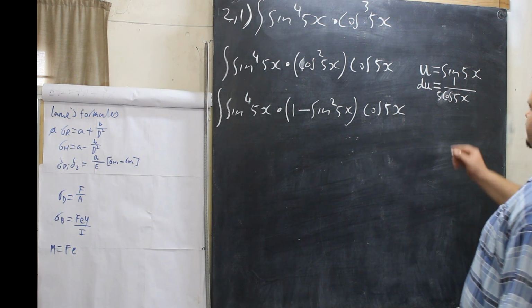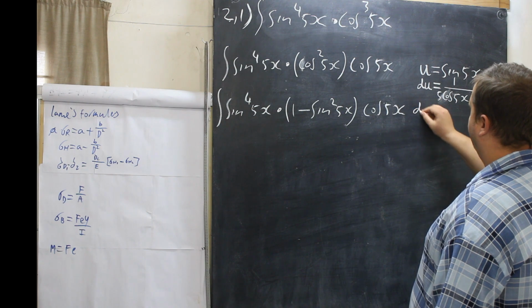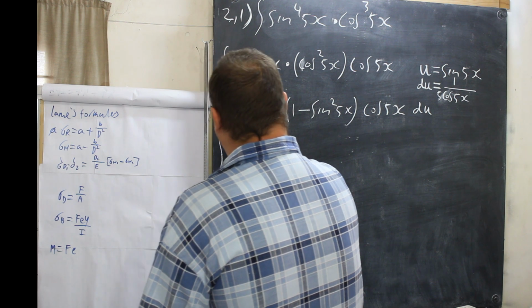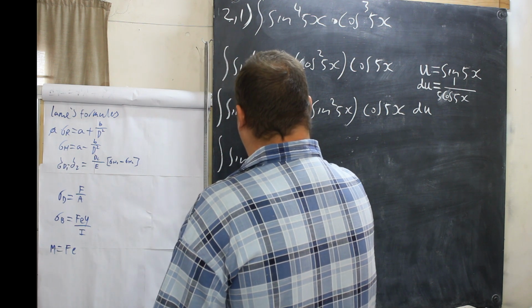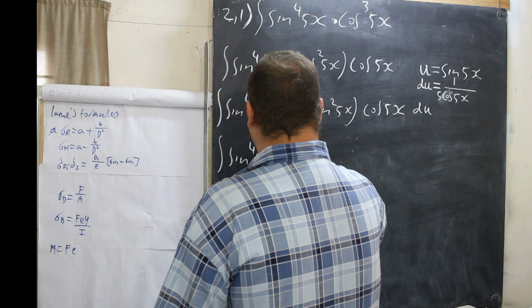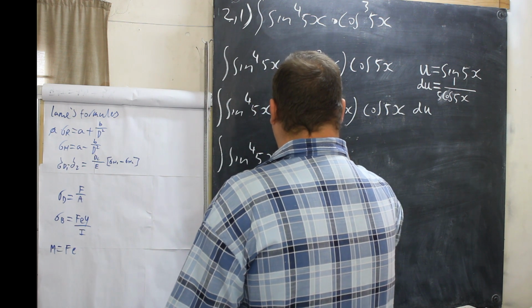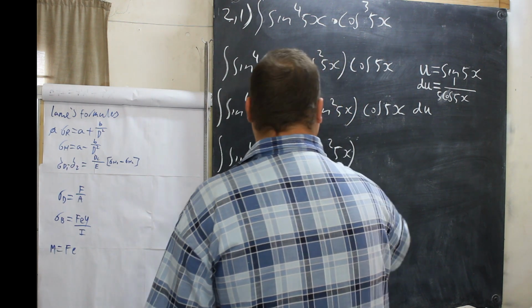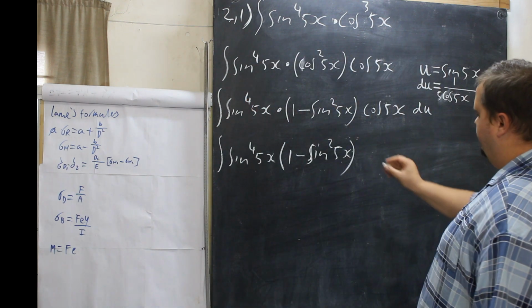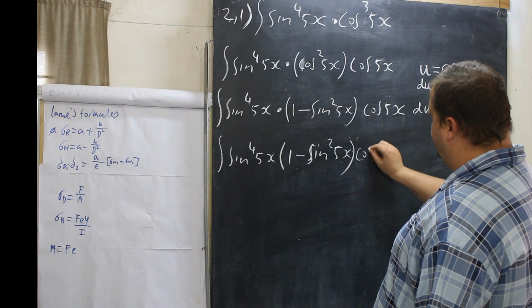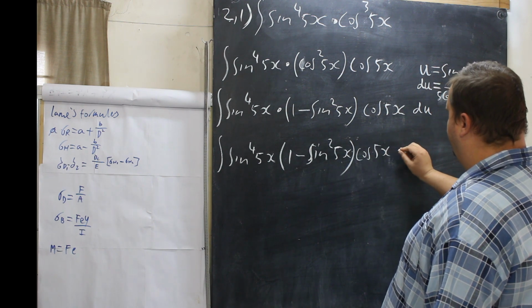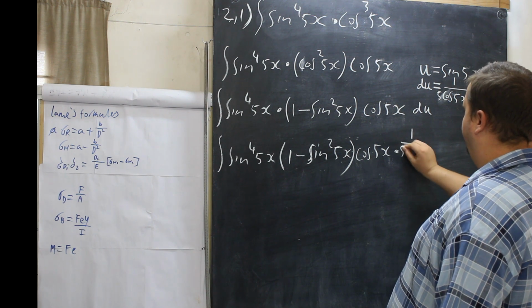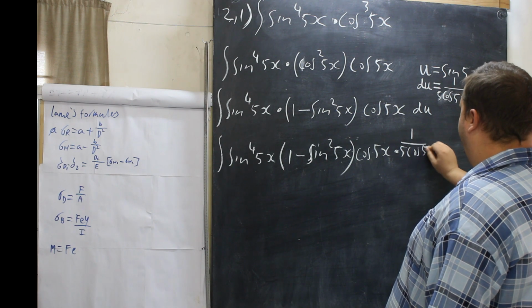Now all we have to do is say dx equals 1 over 5 cos(5x) du. So sin^4 multiplied by cos(5x) times 1 over 5 cos(5x).